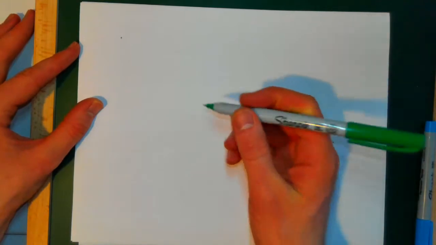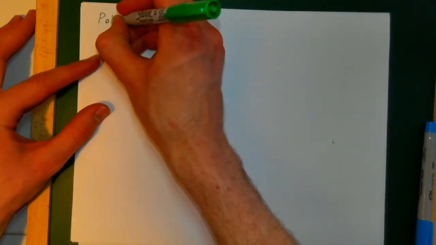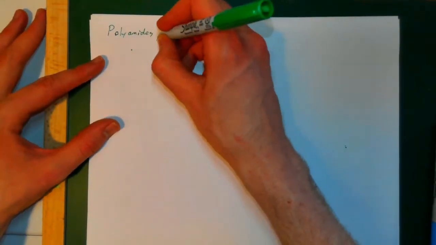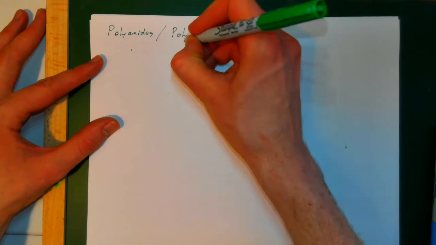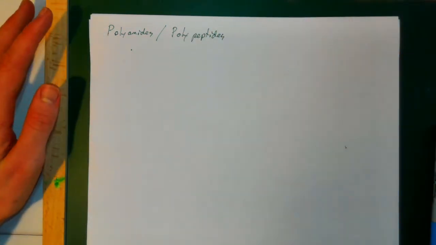If you asked a polymer chemist, they would call them polyamides. And if you asked a biochemist, they would call them polypeptides. But they're really the same thing.